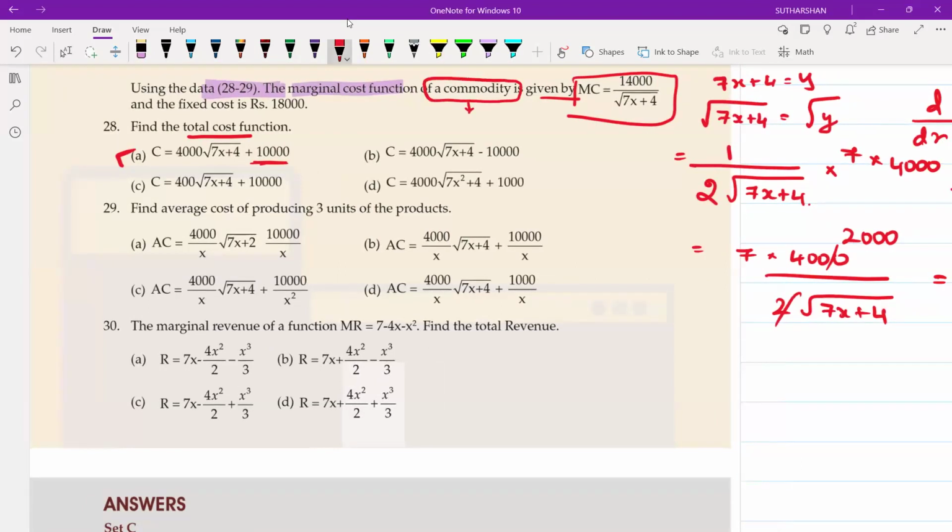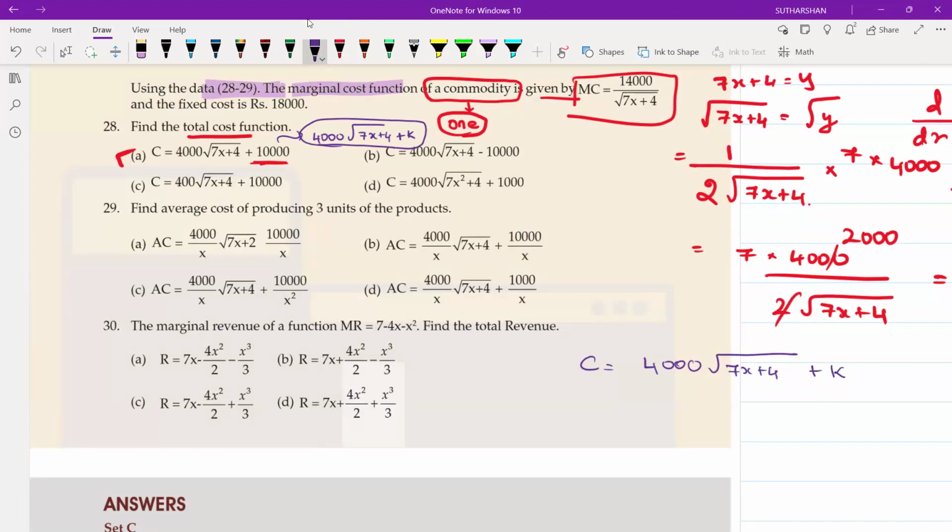A commodity is nothing but one commodity. Before that equation, it will be in the form of 4000 root of 7x plus 4 plus k. So C is equal to 4000 root of 7x plus 4 plus k. Always there is a final constant value k.